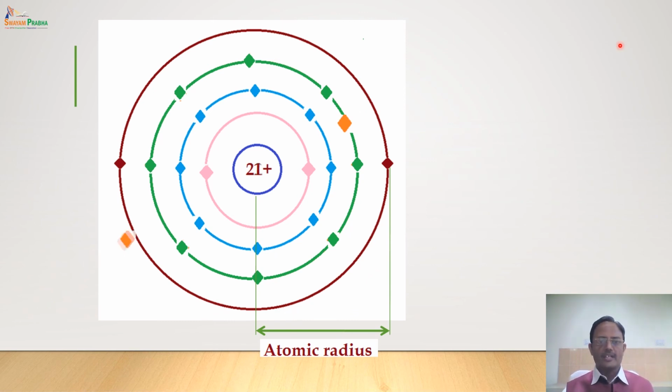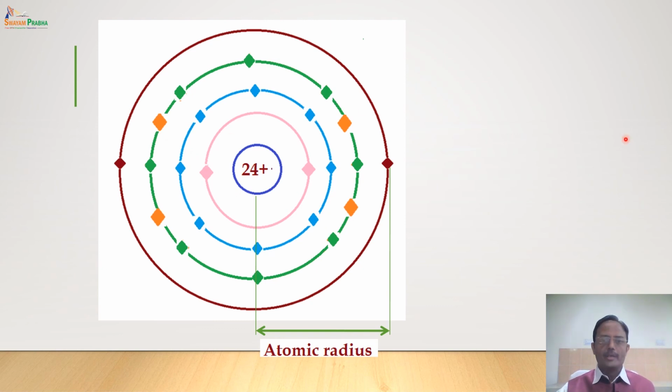Then the next element, titanium, nuclear charge is further increased by 1 unit. One more electron is added to the third shell. Vanadium, one more electron is added to the third shell and nuclear charge is increased by 1 more unit. In chromium, atomic number again increases by 1 unit, nuclear charge increases by 1 unit and 1 more electron is added.